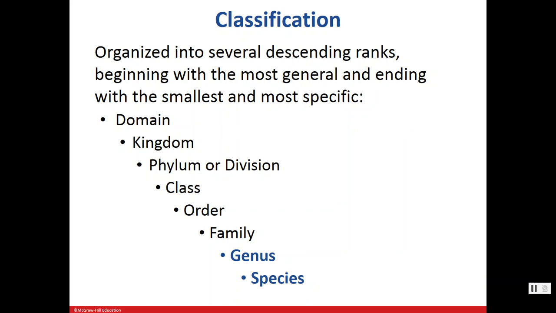Within that, so for example, humans would be domain Eukarya. Our kingdom would be Animalia, as opposed to kingdom Plantae, right? If you were a eukaryote, you would either be a plant or an animal, essentially. The phylum for humans would be Chordata, right? We have a spinal cord. Now, so does a fish or a bird, things like that.